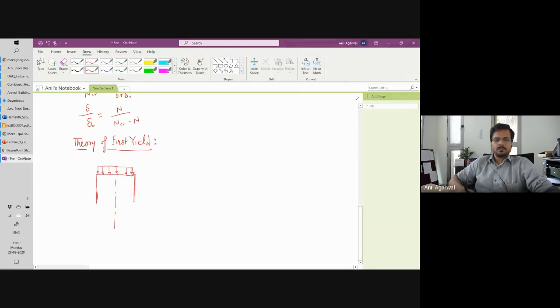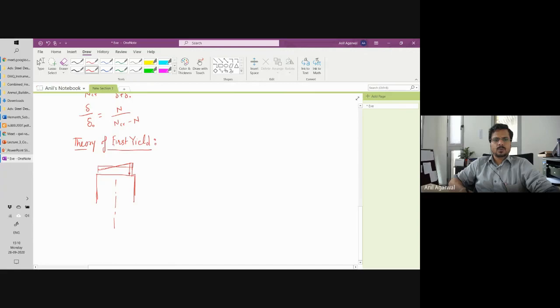But if this column was not loaded uniformly, then what kind of stress distribution will I get? If it was an imperfect column or if it was loaded eccentrically, either way, I'll get a stress distribution which looks like this.